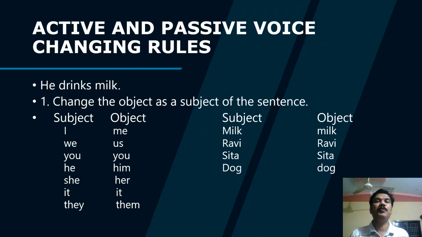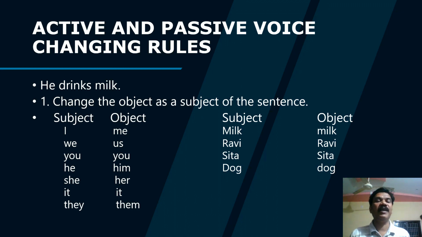There are some stipulated hard and fast rules when you want to change active into passive. The first one is to change the object of the active sentence into the subject of the passive sentence. So especially you should have some knowledge of changing subject and object pronouns.